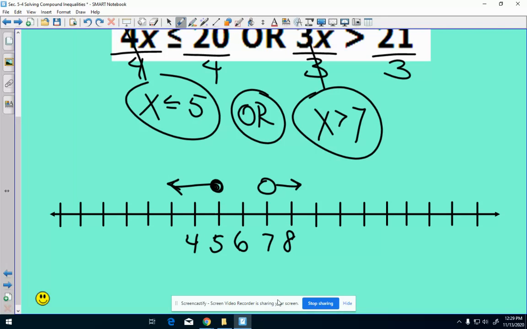Okay. So ORs are much simpler to put together because the one on the left said that it had an equal to, so that it's allowed to be that number. This one says it's got to be greater than 7, so it's not allowed to be 7, just the things that are bigger than 7.